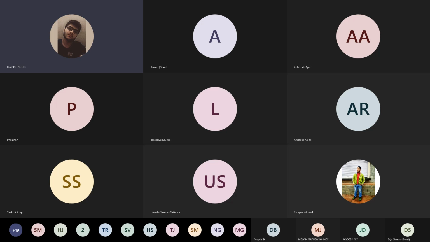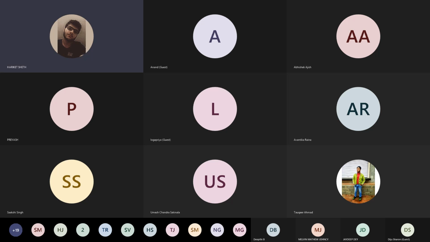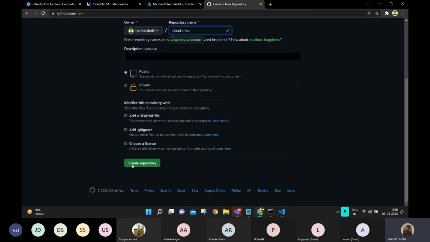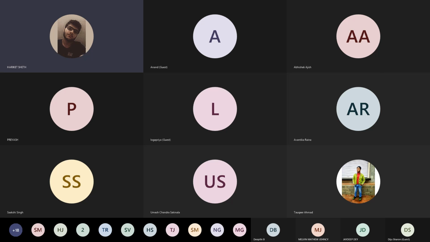I'll refresh and do that again. I just refreshed and now we'll do the name. I'll create this repository. Again, it's stuck. Okay, fine. It's not allowed. Just a last try.